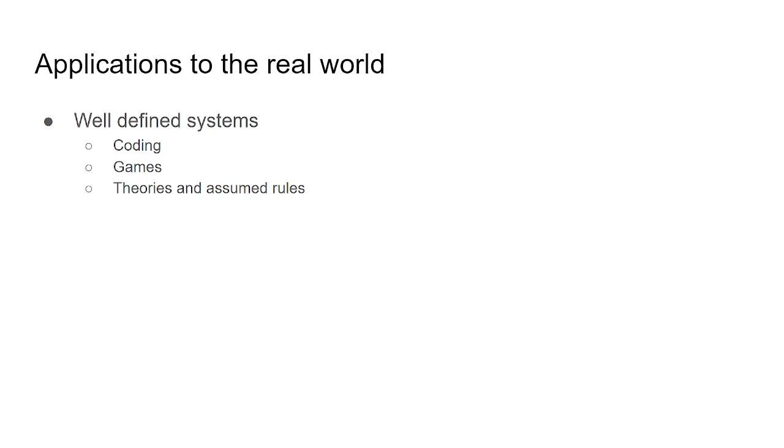Games as well are well-defined systems. So you can make proofs about things in games because, again, we created the rules that govern the game, so we know how it works. And there are some exceptions where, even if you create the rules, sometimes the interactions in complex games are so complex that you don't necessarily know how it all works.